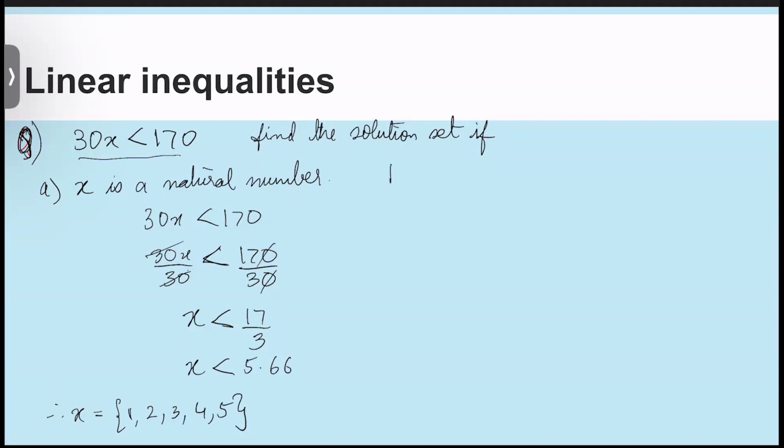Okay, the next condition: suppose that x is an integer.